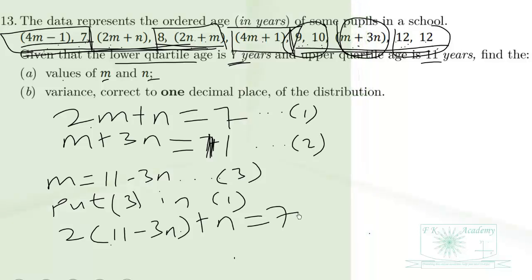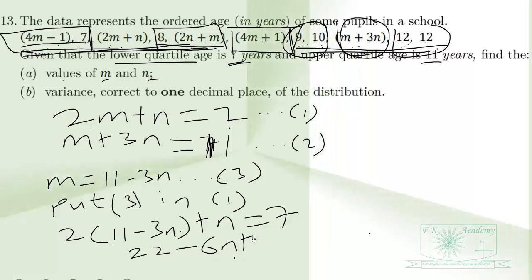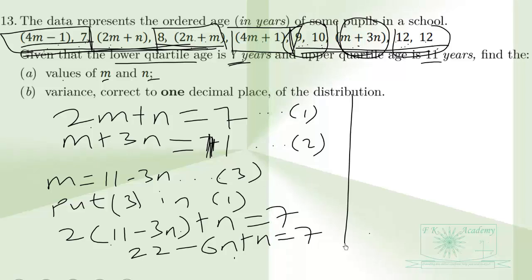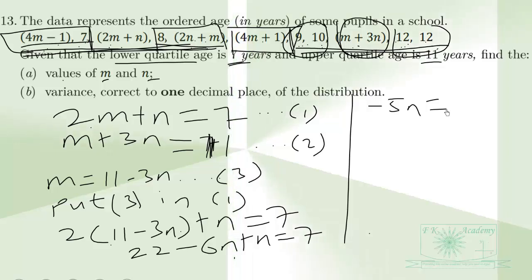So 2 times 11 is 22. 2 times negative 3n is negative 6n, plus n is equal to 7. So negative 6n plus n will be negative 5n is equal to 7 minus 22. 7 minus 22 is negative 15.